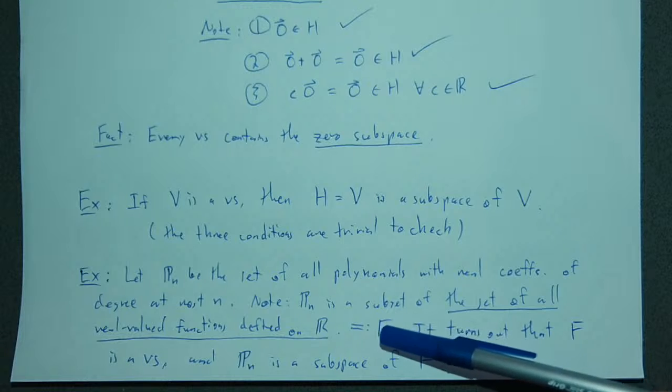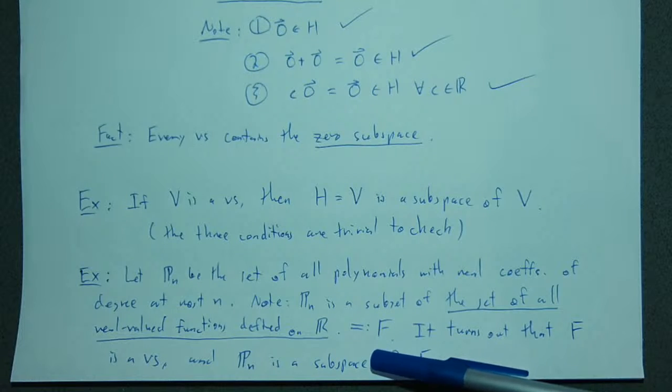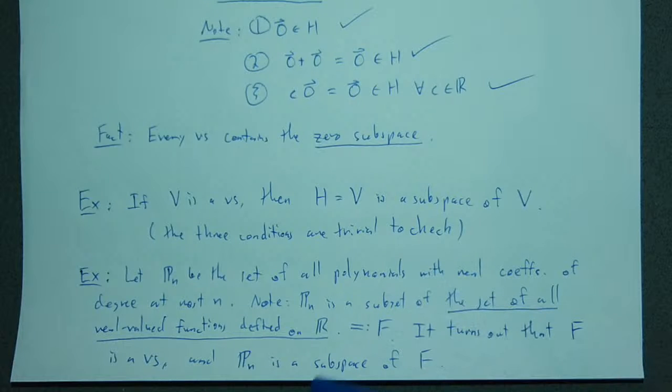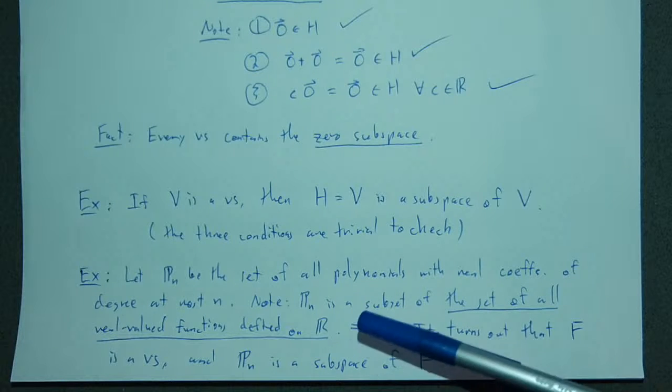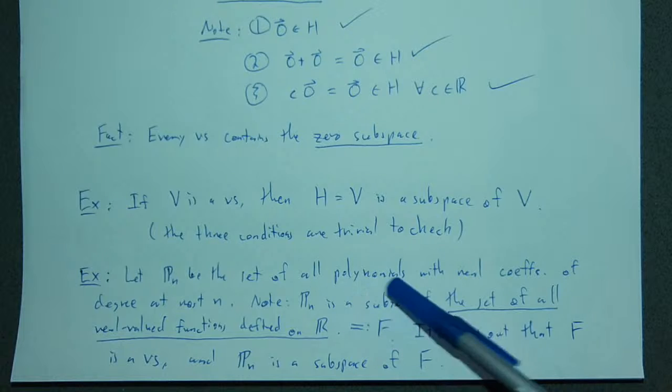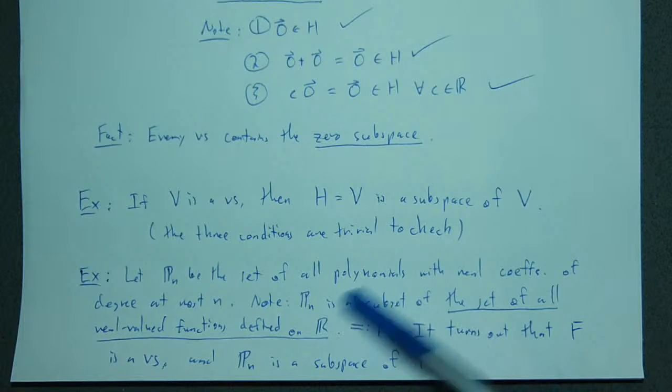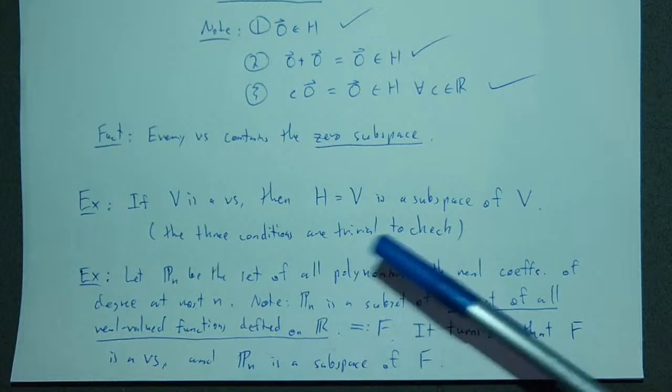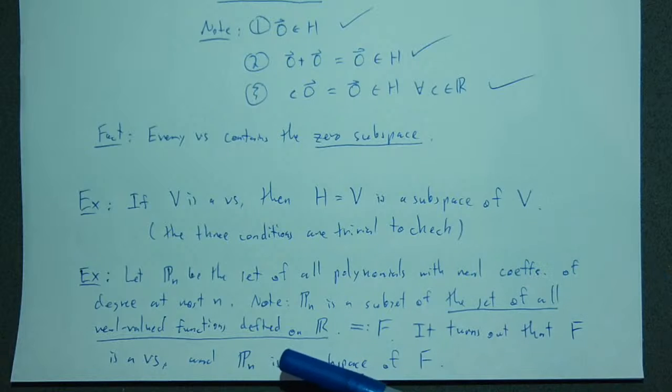So I'm looking for a function that when I add it to any other given function, it doesn't change that function at all. Well, that's the constant zero function. That constant zero function is included in the set of all polynomials with real coefficients of degree at most n, because it's a degree zero polynomial. So 0 is in P sub n.